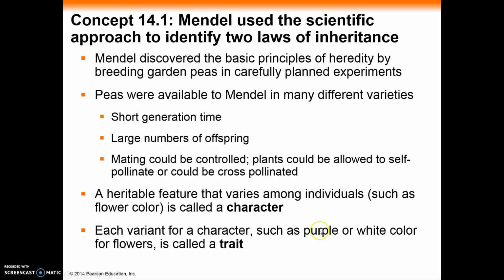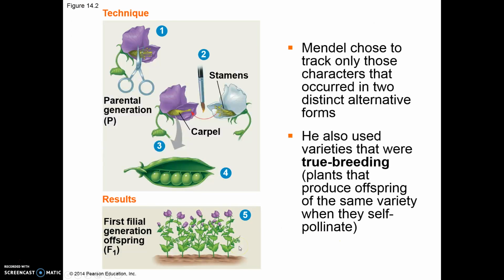So purple is one trait, white is another trait. So pea plants could have purple flowers or white flowers. That idea of flower color is called a character. The actual real color is called the trait.